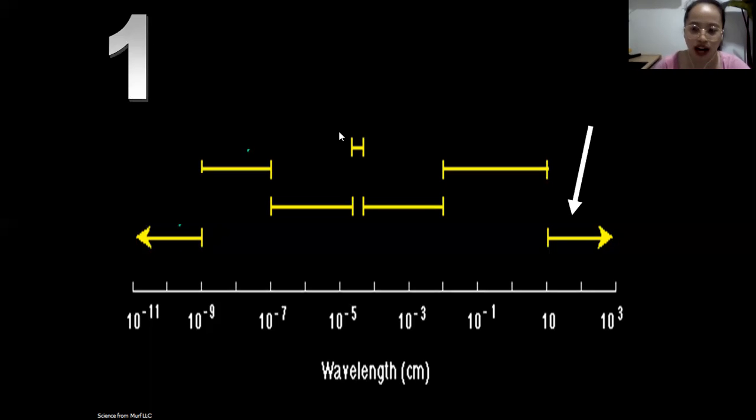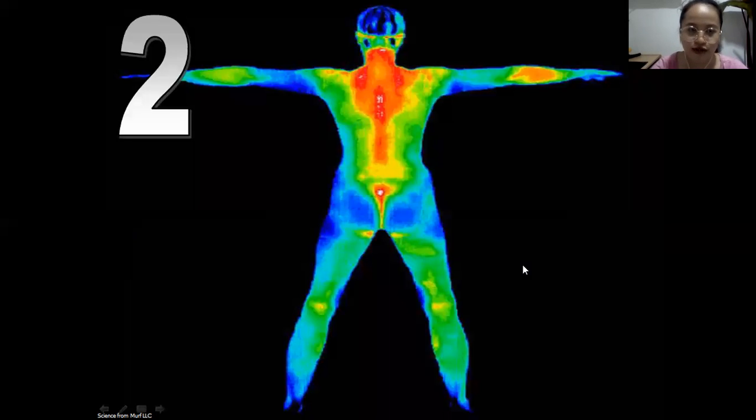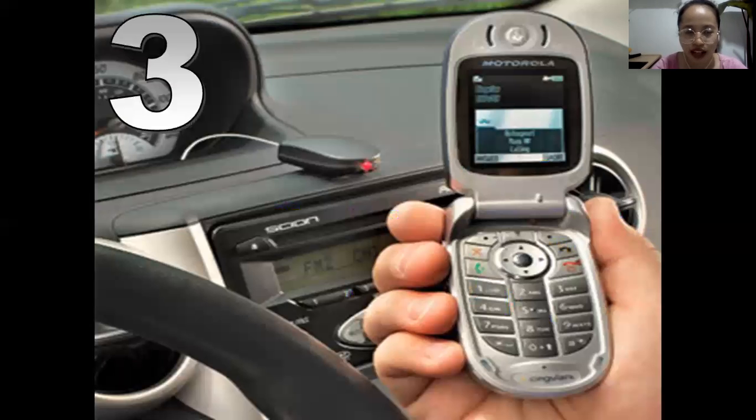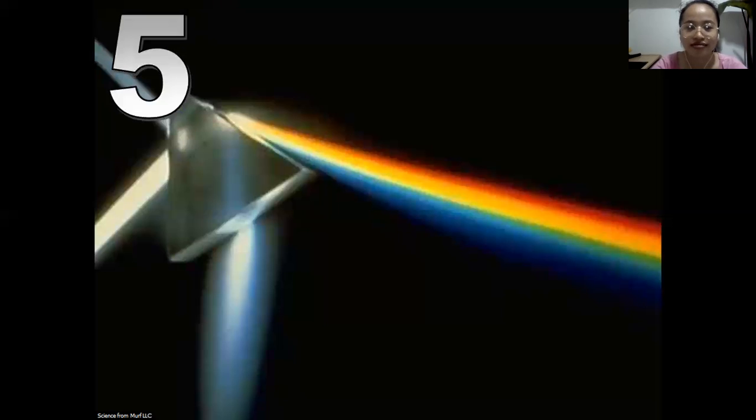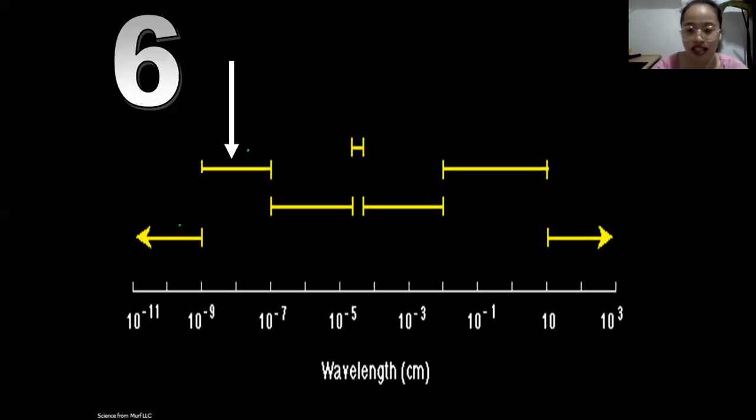Now I want you to get your notebook and write your answer from this video. For number 1, what wave is in here? You can pause this video for you to answer. Next, for number 2, what wave is this? Number 3, what wave is being used here? Number 4, number 5, number 6, what wave is in here?